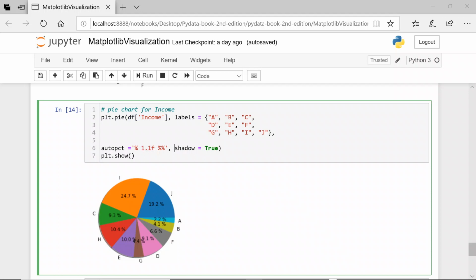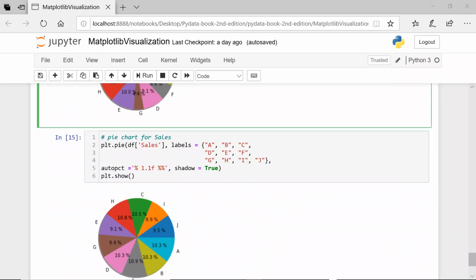And we have shade set to true. The next step is for the graph to show to us, which is plt.show. So here we can see the different ranges of incomes. The majority takes roughly 24.7, and the minority is only 2.2.